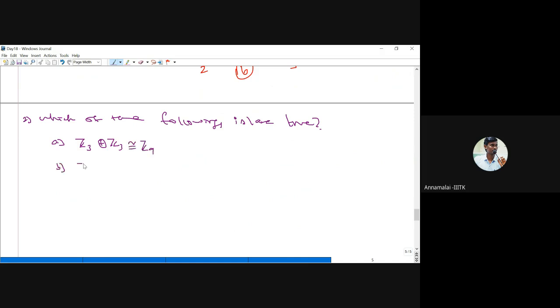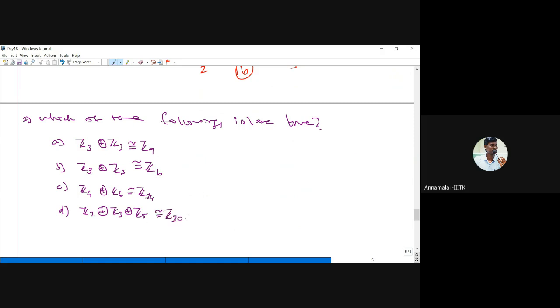Second option, Z3 direct sum Z3 is isomorphic to Z6. The third option, Z4 cross Z6 is isomorphic to Z24. And then the last option, Z2 cross Z3 direct sum Z5 is isomorphic to Z30.